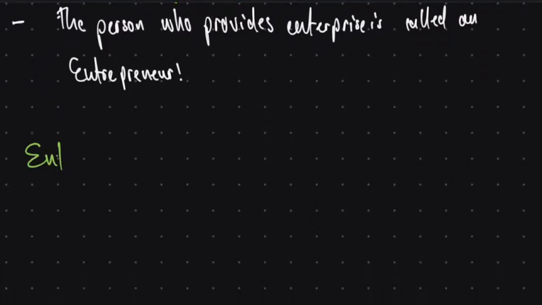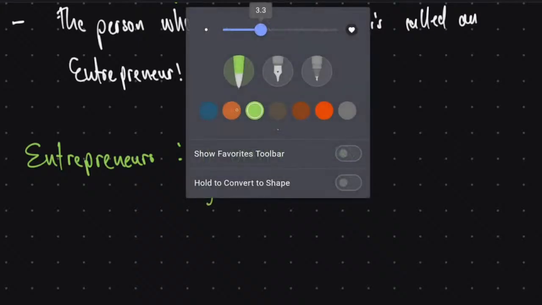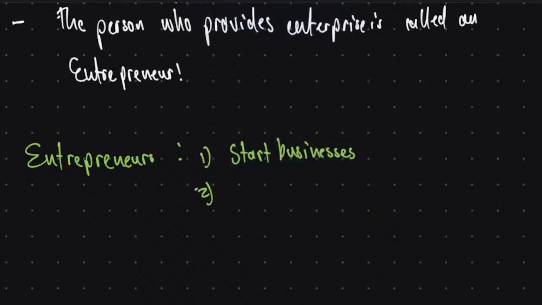What do entrepreneurs do? Entrepreneurs, one, start businesses. Right, Alex? Entrepreneurs do what? One, start businesses. Number two, they take financial risks.